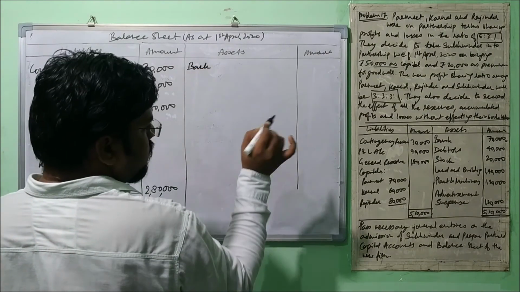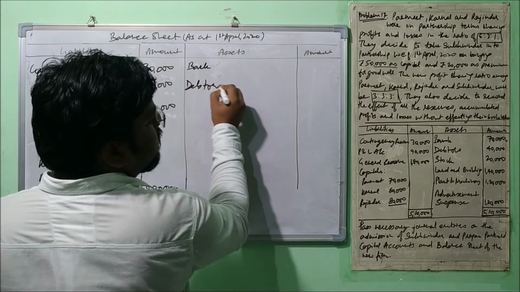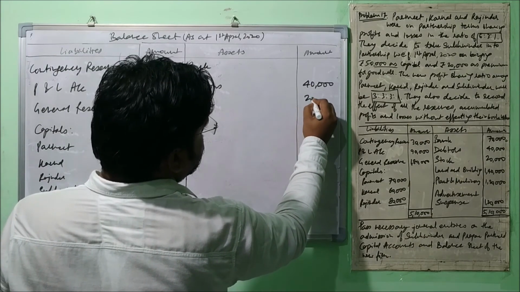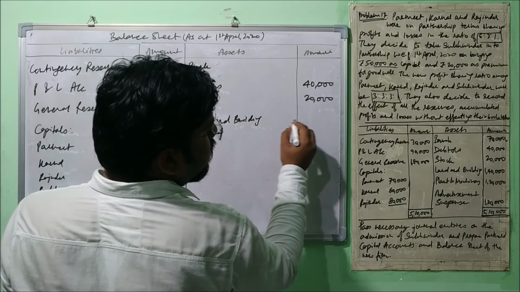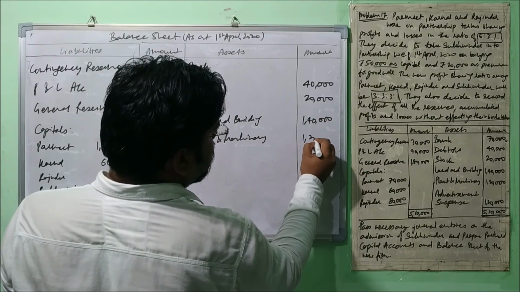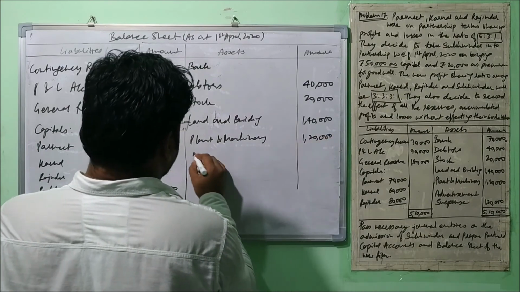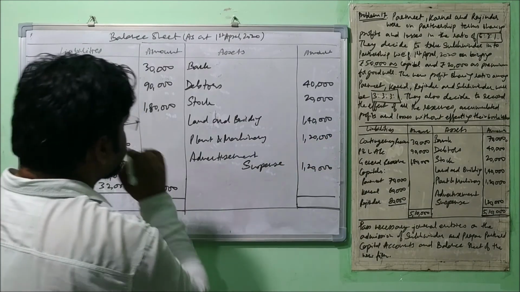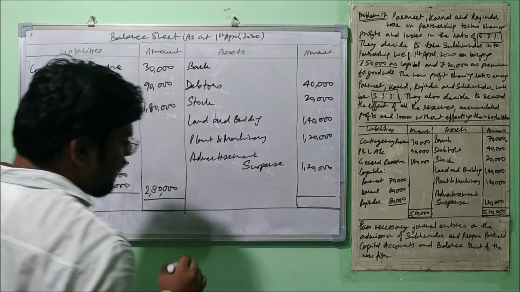Now let's see the asset side. Bank. Here the changes will happen. We'll discuss it. Debtors, no change. Stock, no change, 20,000. Land and building, 1,40,000. Plant and machinery, 1,20,000. Advertisement suspense, 1,20,000. Change will be there in the bank. Or how? I tell you.